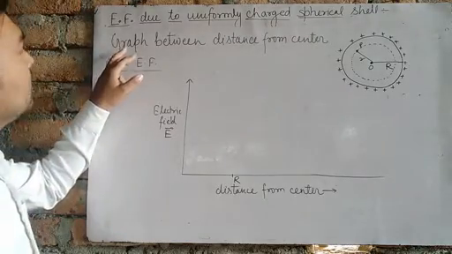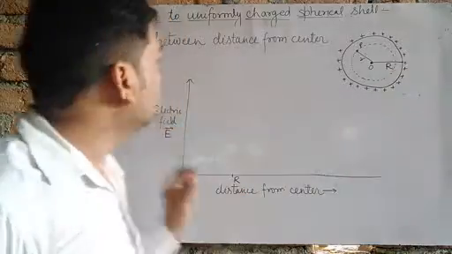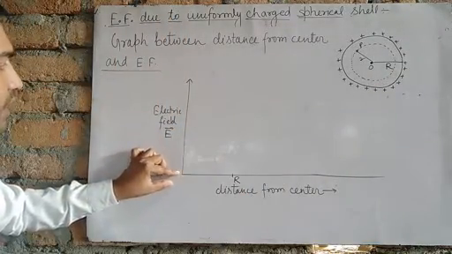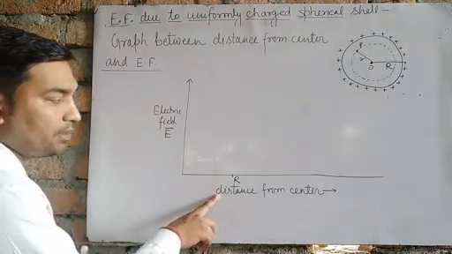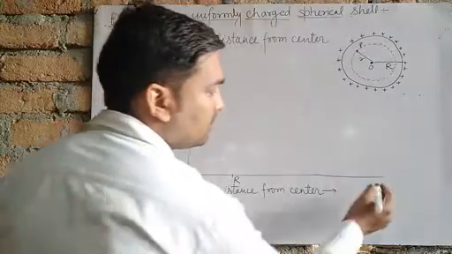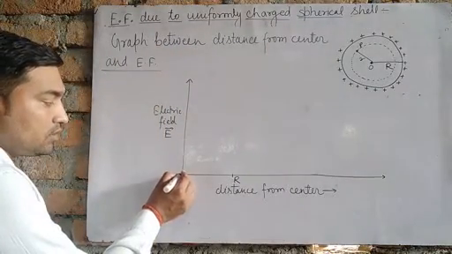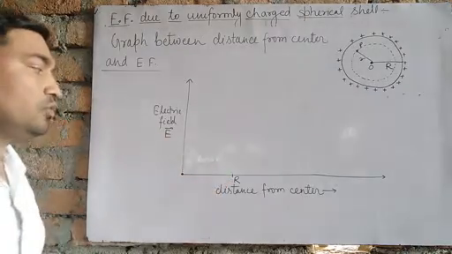Now we have to draw a graph between distance from the center and electric field. We take a graph in which the electric field is taken along the y-axis and distance is taken along the x-axis. This is the point where the electric field and radius are both 0.